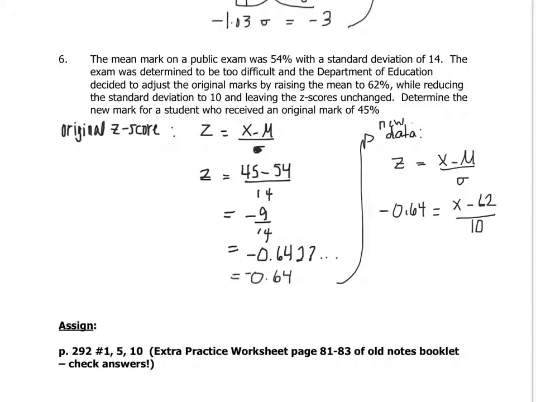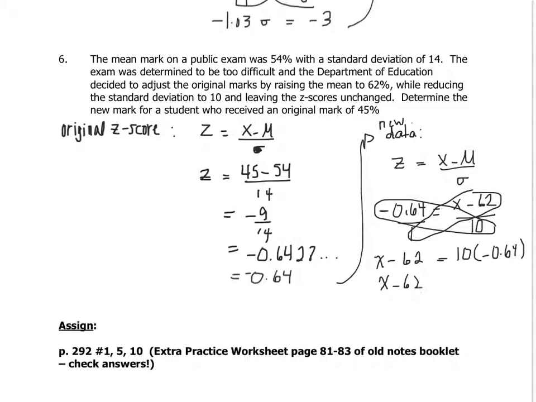So if we go to solve this, we can put this over 1 and cross multiply, or multiply both sides by 10 to get rid of the fraction. Either way you're going to get x minus 62 equals 10 times negative 0.64, which is x minus 62 equals negative 6.4.